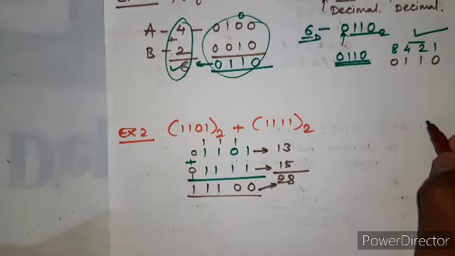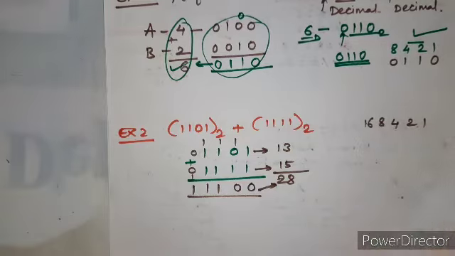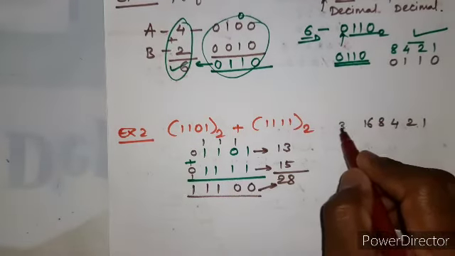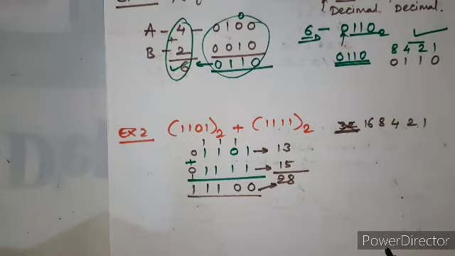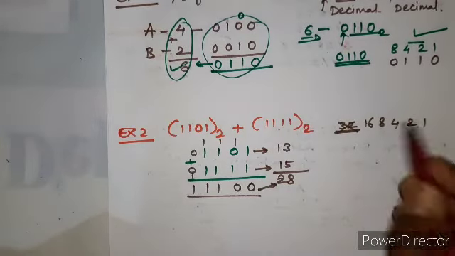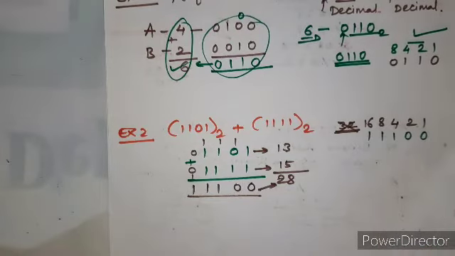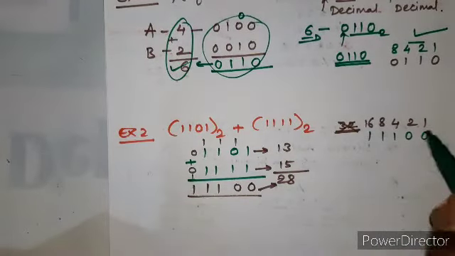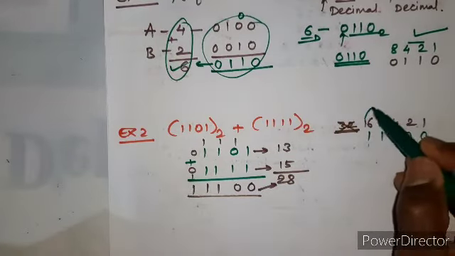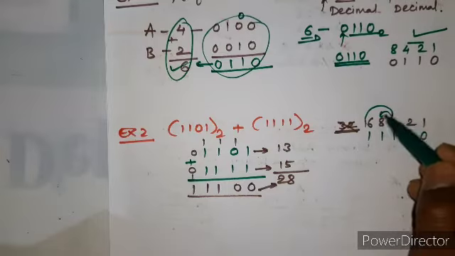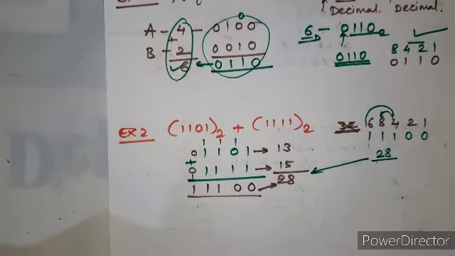So we can use that method. 1 2 4 8 16. We can go for this 32, but 32 is greater than 28, so no need to go for this, right? And then we can write down here, this is 11100. Now add those numbers where you encounter this 1. So 16 plus 4 is 20, plus 8 is 28, which is absolutely equal to this.